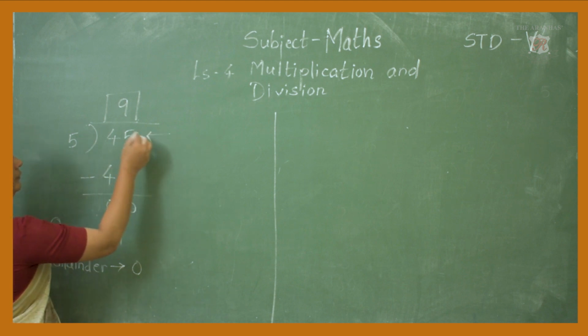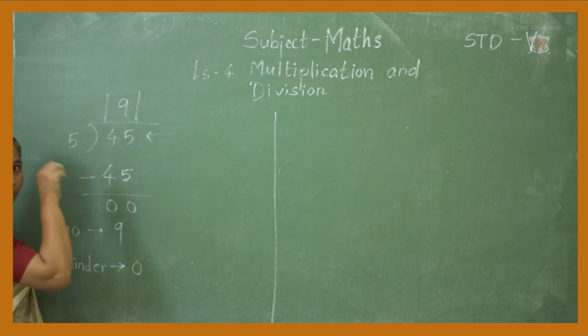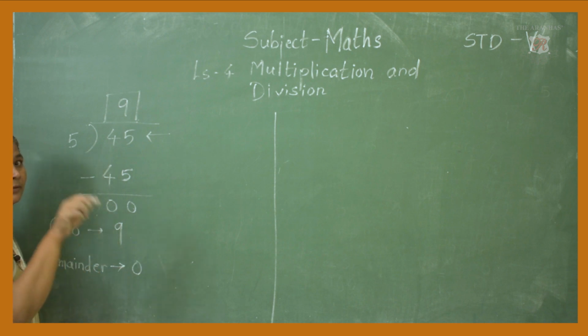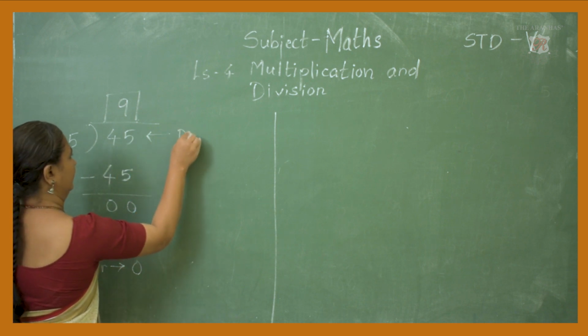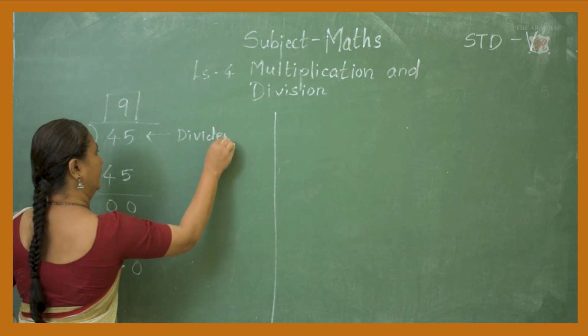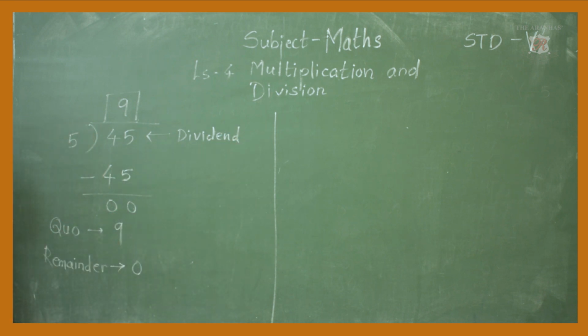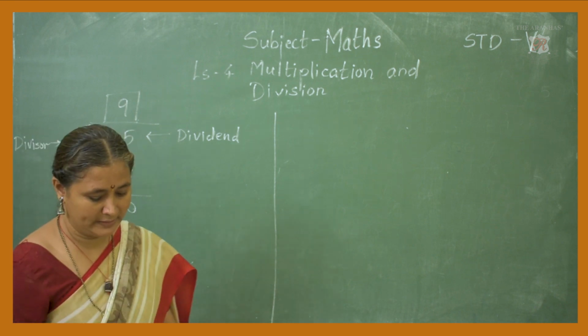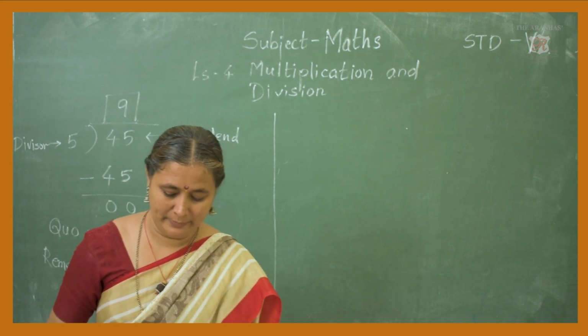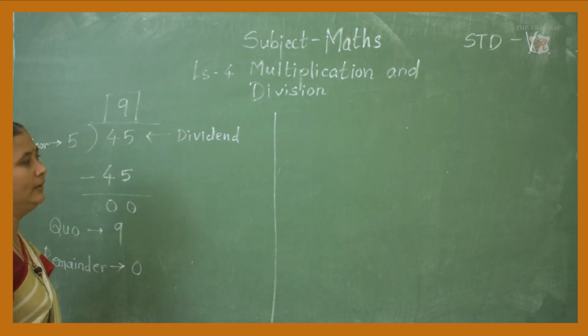Dividend: the number which we are dividing, that is called the dividend. Okay, and the number by which we are dividing is called the divisor. Okay, understood? So we have to write the quotient and remainder for the given sum.